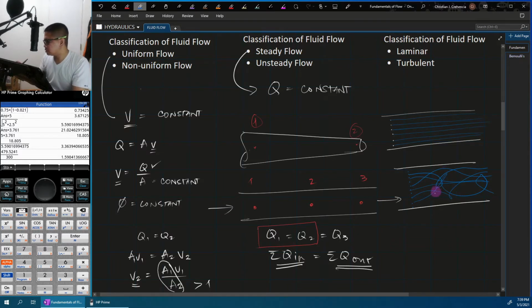It's because may mga particles na bumabangga sa wing ng airplane. Unlike kapag laminar lang, smooth lang yung streamline ng particle. So hindi sila magulo.